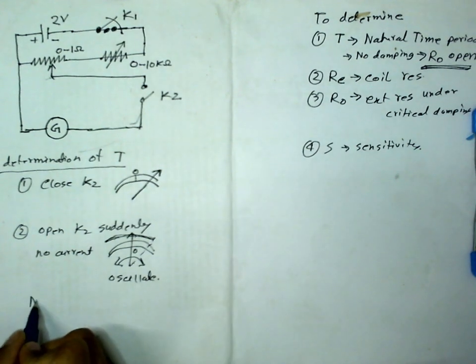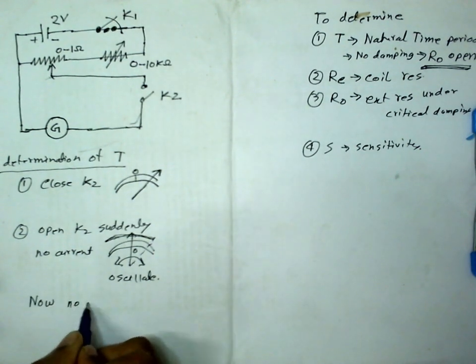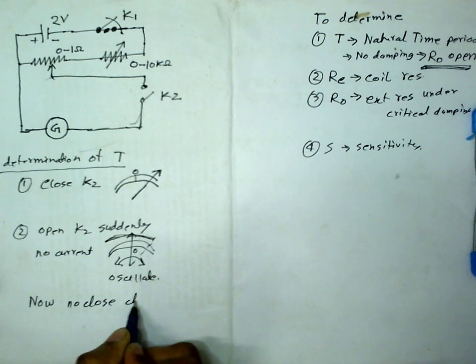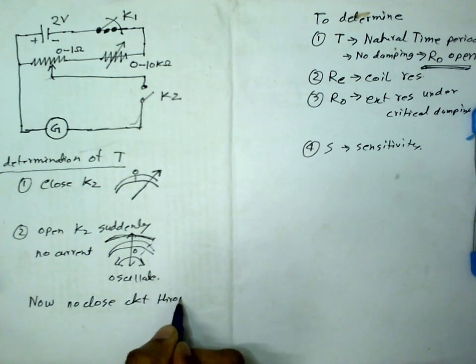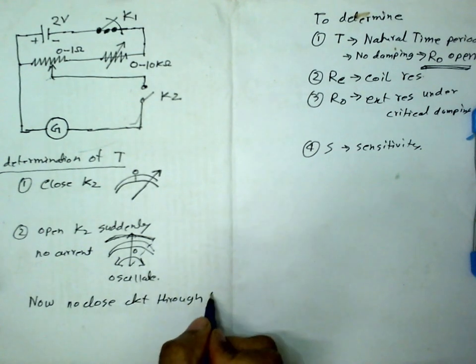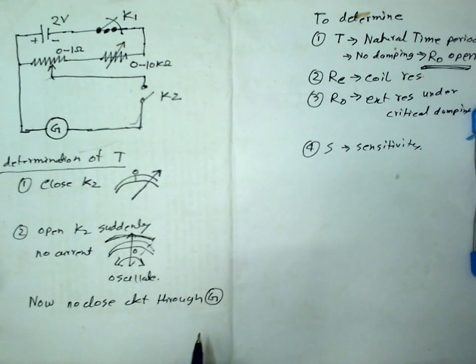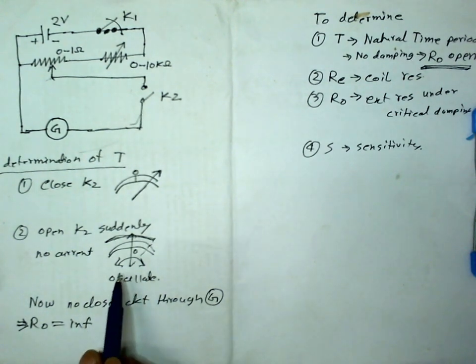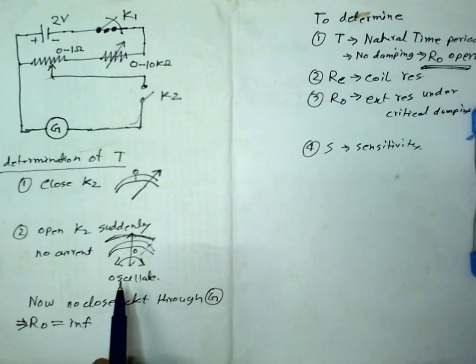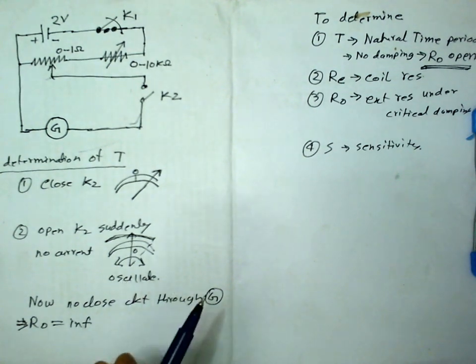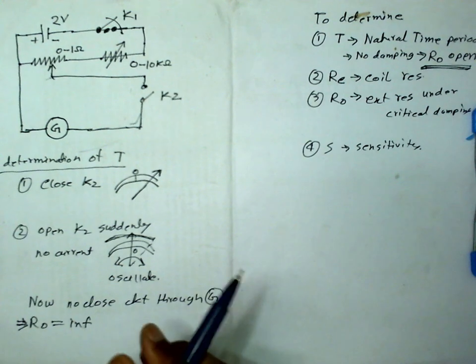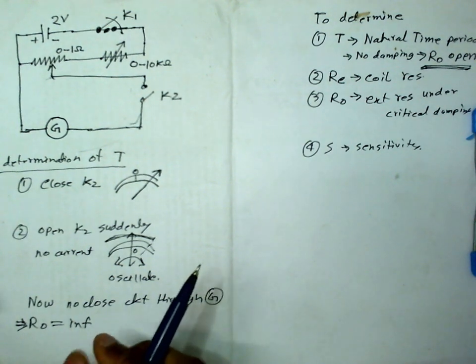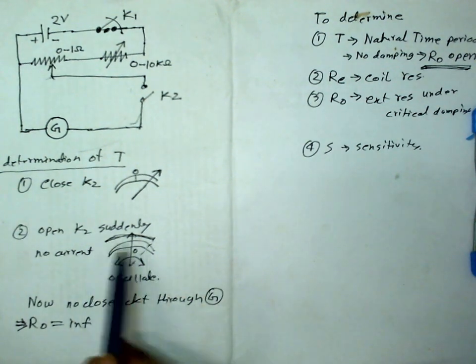Now no closed circuit through galvanometer G. So which means RO is equal to infinite. So this is a completely undamped situation. There will still be some damping due to the friction in the bearing, etc., which should be very small. Otherwise this is absolutely undamped.